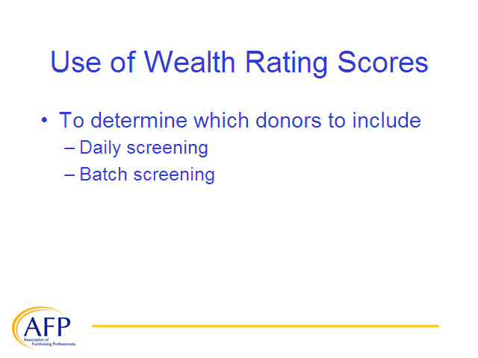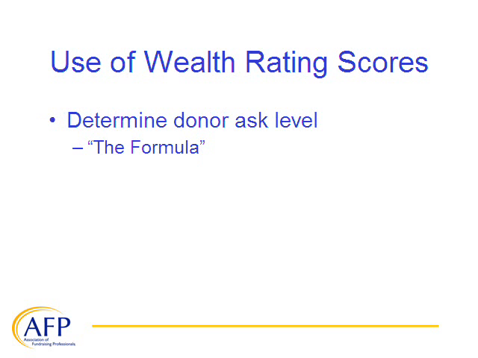So that would be a different use of the wealth rating scores, and that would be to determine how much you are going to ask for. So one way is to determine who we're going to talk to, who we even want to include in our solicitation, and the other is to determine what is the ask level.